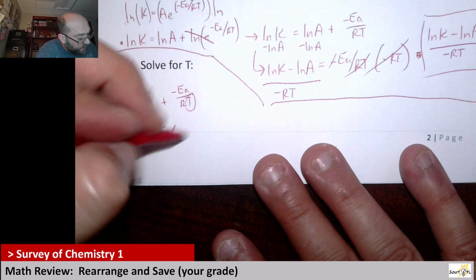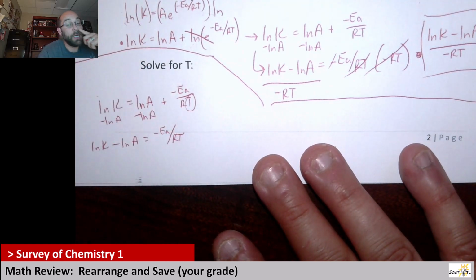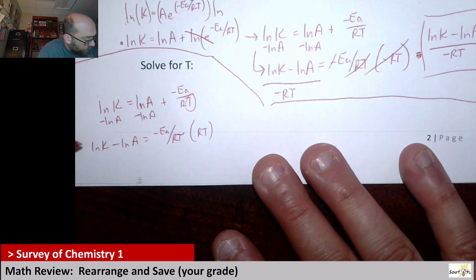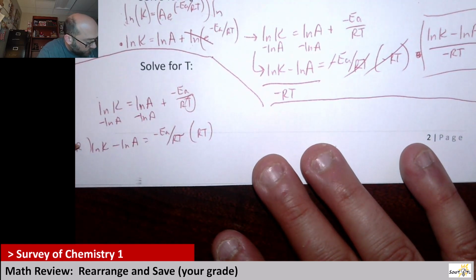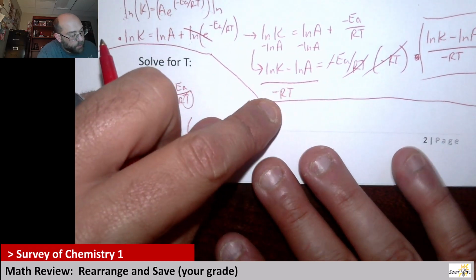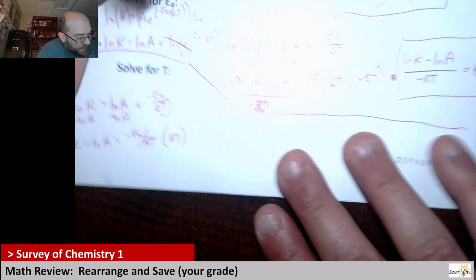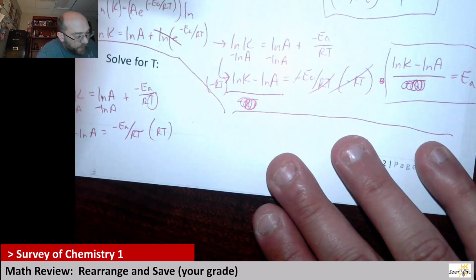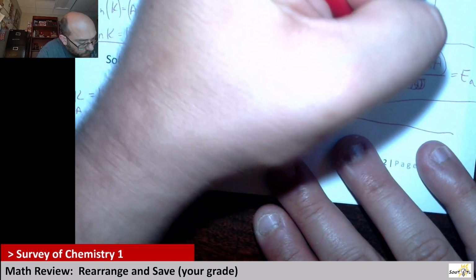Now, T here is in the denominator. I need it up top. So what I'm going to do is multiply both sides by RT, very similar to what we did before. Y'all, I totally screwed up there. That's supposed to be times. So it's supposed to multiply by negative RT. I can't believe I did that, y'all. Times negative RT.